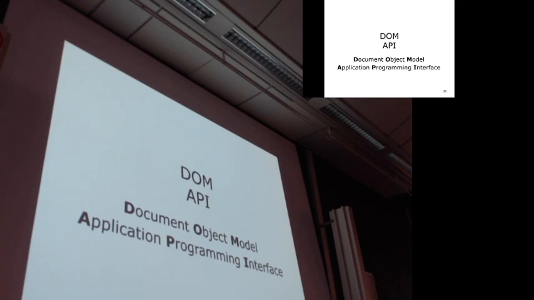Right? And if you know how to access each object in this tree, and how you can modify it or delete it or add new objects to it in the right position in the tree, then you can actually do whatever you want with the HTML that is in your web page.